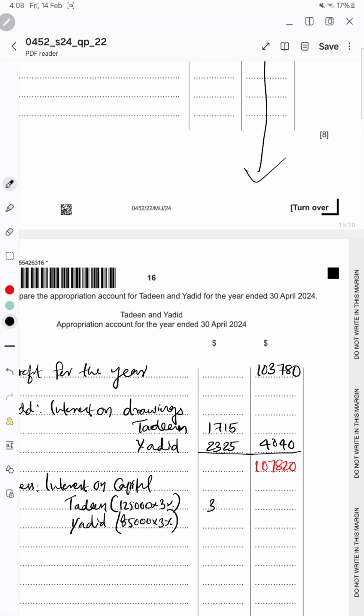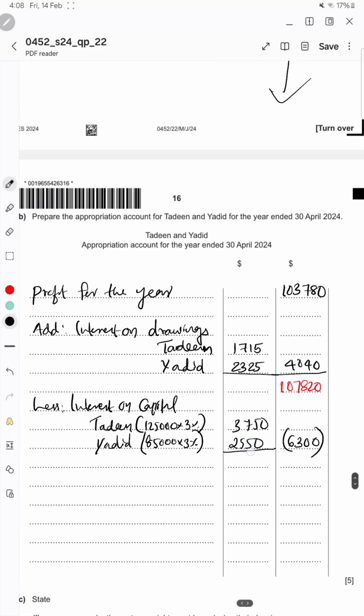We'll get 3,750 and 2,550, right? So the total is 6,300. Either you can write it here or take it here also. That should be deducted, so put it in brackets.